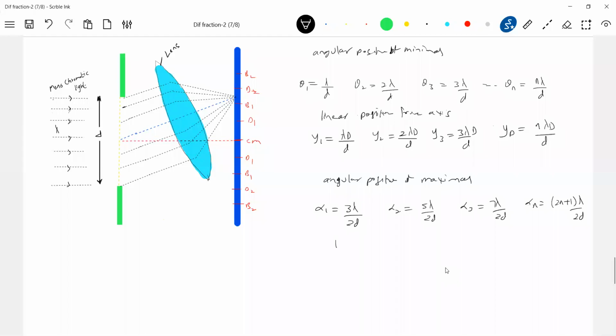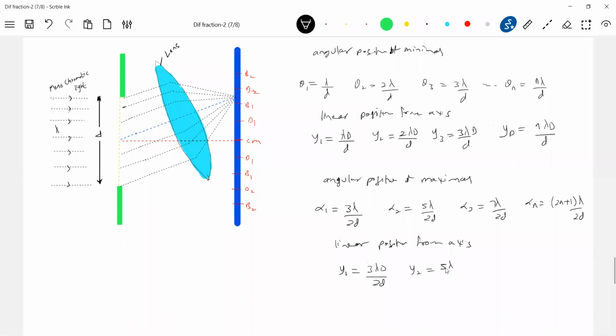Similarly, the linear position of maxima from the axis. So this should be equal to how much? Y1 is 3 lambda capital D by 2D.